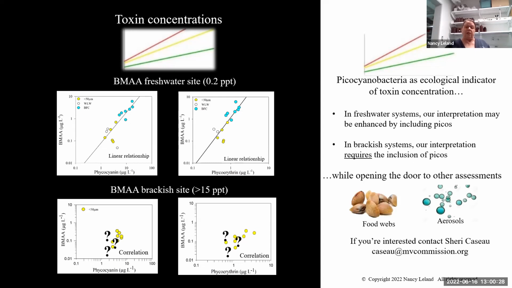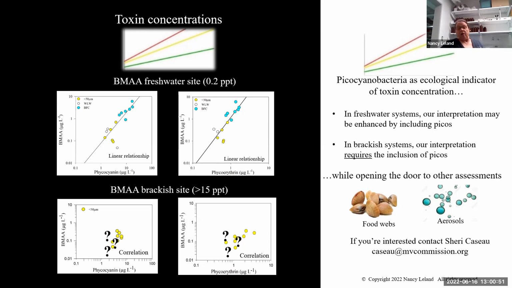And the one thing that would be nice about including them, because it means extra work in our monitoring program, is that we allow ourselves to open the door to other types of assessments. And again, we're working into the world of food webs, bioaccumulation, transfer through the food webs, and also aerosols.